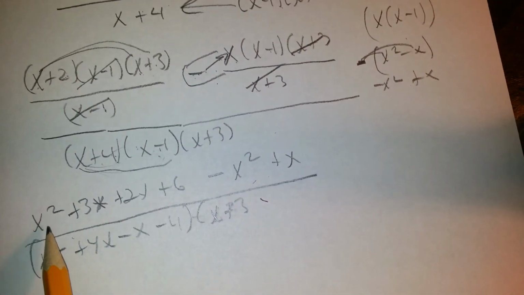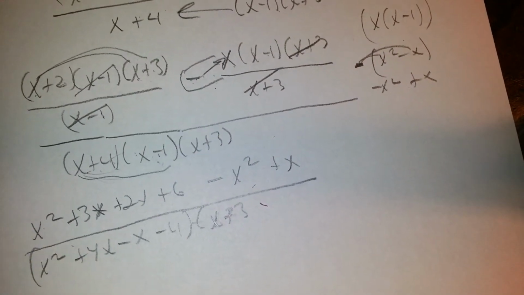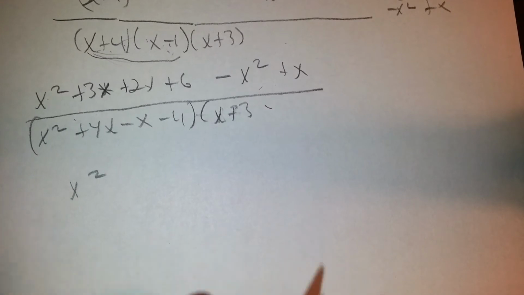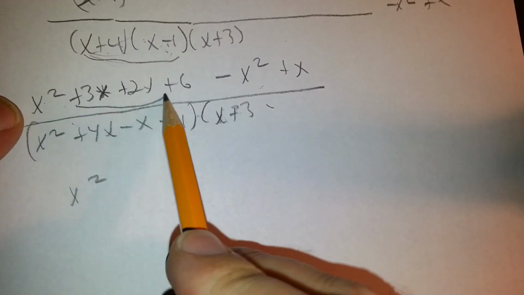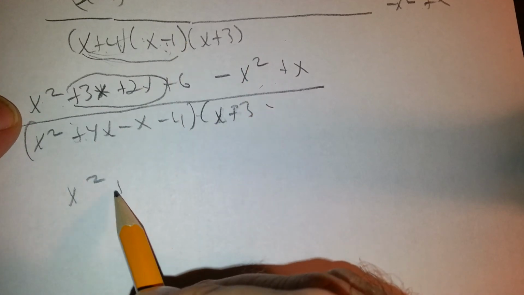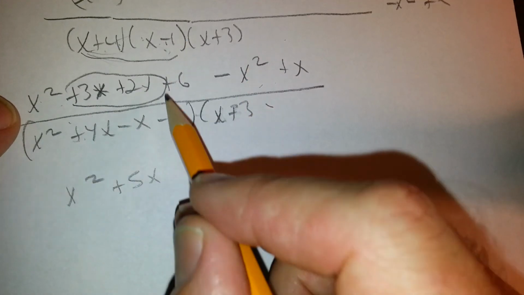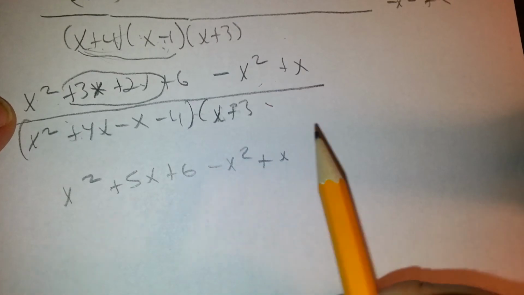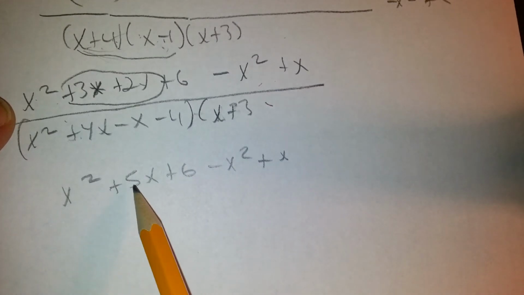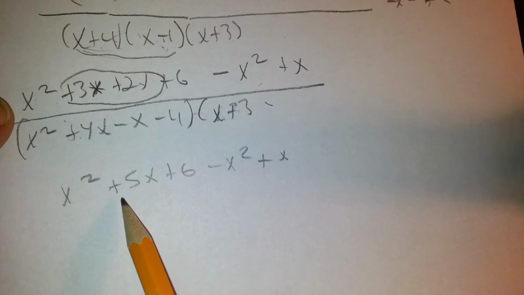So let's simplify the numerator. I've got x squared, okay, I've got an x squared. Now I've got this right here is plus 5x, and I've got plus 6 minus x squared plus x. I'm still dealing with the numerator, so here, let's combine like terms, okay?